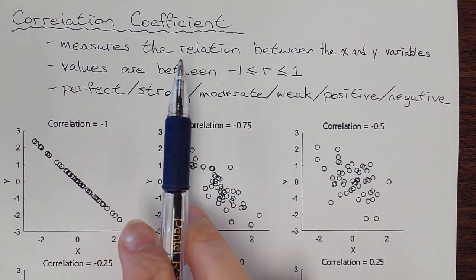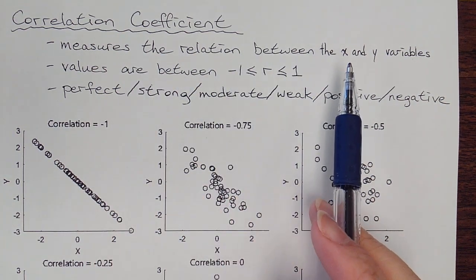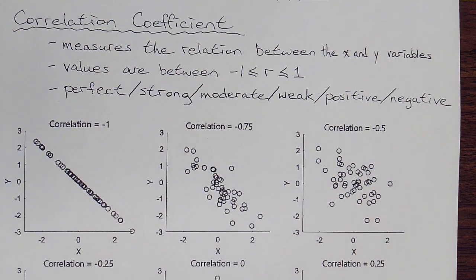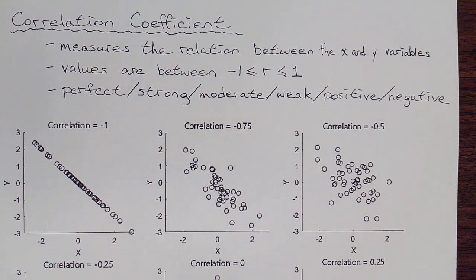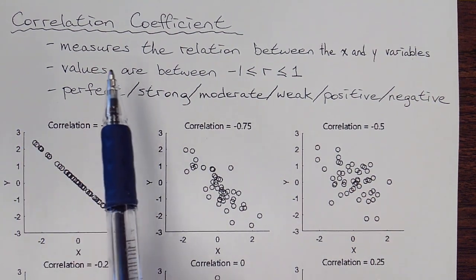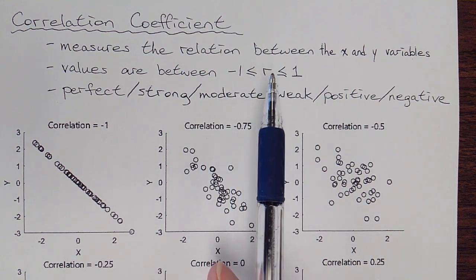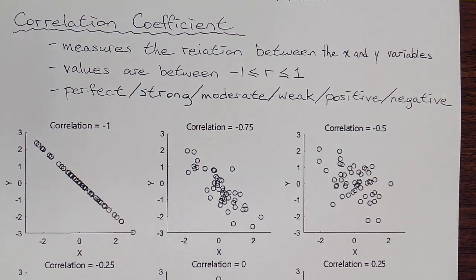It's to measure the relationship between the x and y variables. The values are between -1 and +1, and we use the letter R to represent the correlation coefficient.